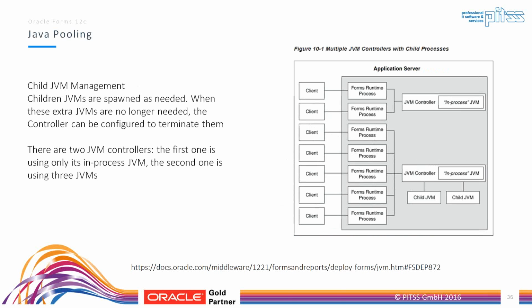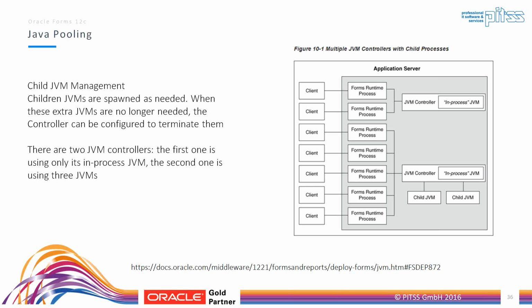To go back now to the new stuff, that happens here at the child JVM management. Here, child JVMs are spawned as needed. When these extra JVMs are no longer needed, the controller can be configured to terminate them. Here, there are two JVM controllers. The first one is using only one in-process JVM.